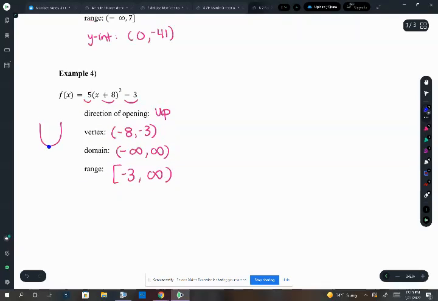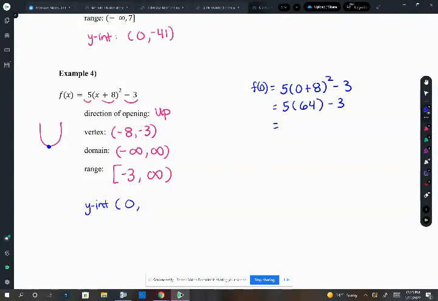All right, and so that's everything. Same idea. If I wanted to find a y-intercept to help me graph, I could. But again, it often will just give you a really large number. So 5 times (0 plus 8) squared minus 3 is going to give us another y-intercept of something quite large. So this is going to be 5 times 64 and then minus 3. And so can I do it?